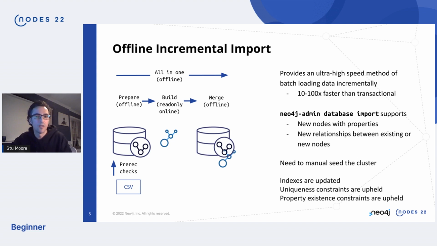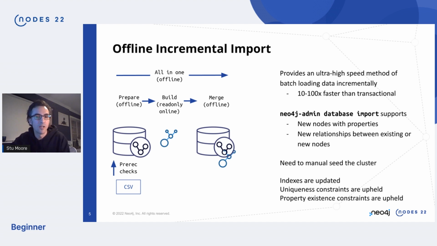In terms of loading the data, it's 10 to 100 times faster than transactional loading, and in terms of what you can expect in terms of incremental import speed, it will be comparable to the amount of time it took you to do your initial data load at that rate, because obviously it depends on your data model.